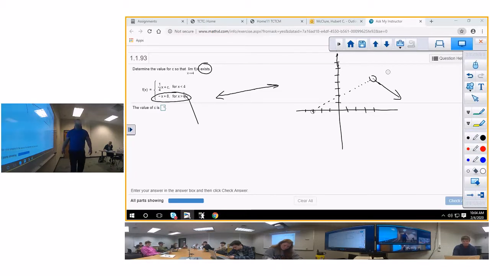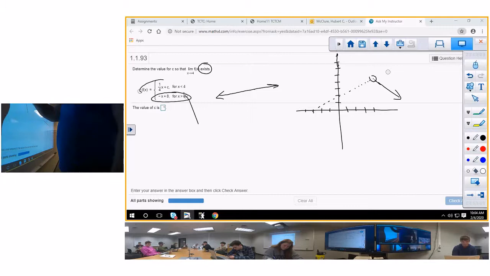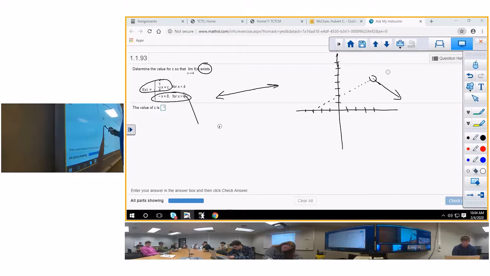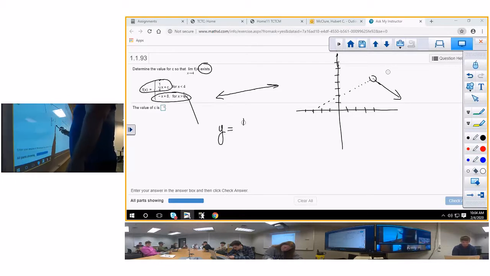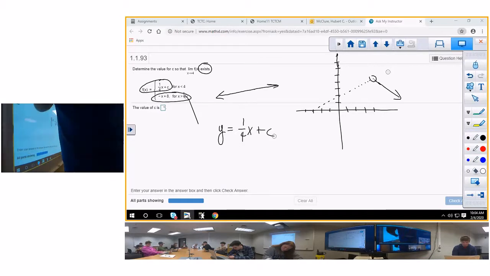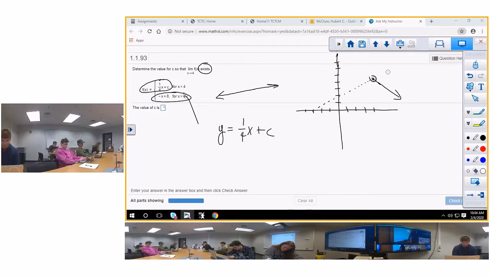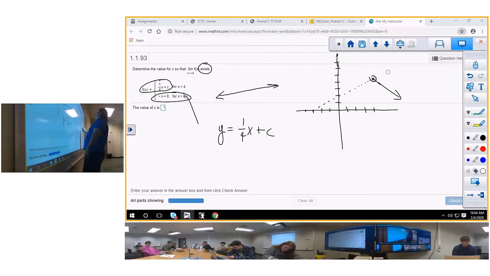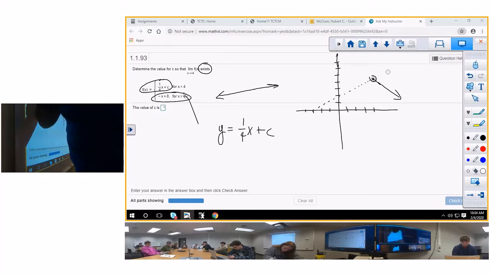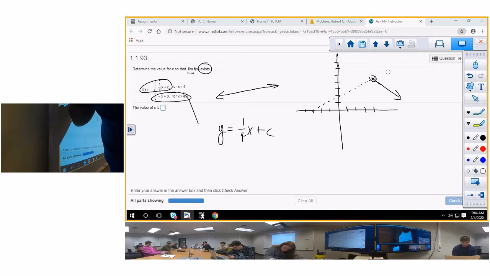Now, this says f of x, right here, this says y is equal to 1/4 x plus c. What is this point right here? It's 4 comma what? Well, if you put it in right here, what's negative 4 plus 8? 4.